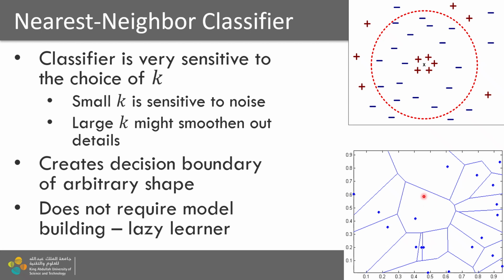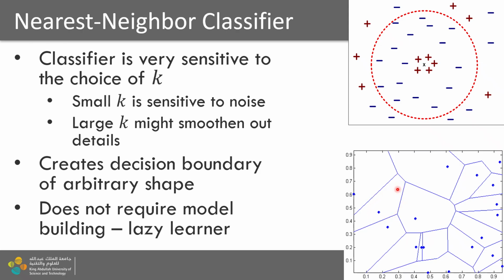So if we look at this point, for example, it is closer than to this point. And here we can see that there is a certain boundary. So this point will be closer to this point, but behind this boundary, this point will be closer to this other point.